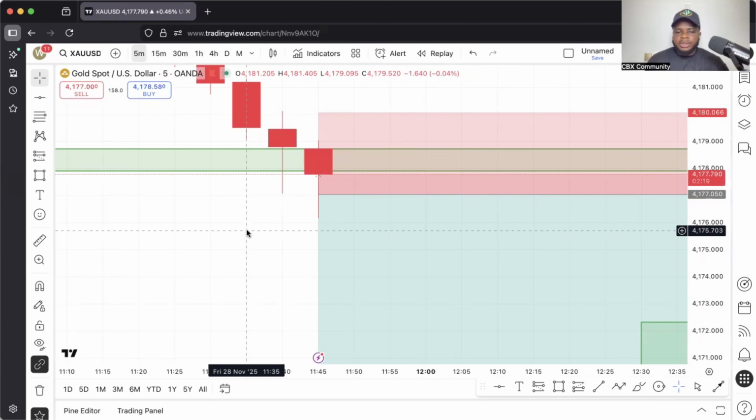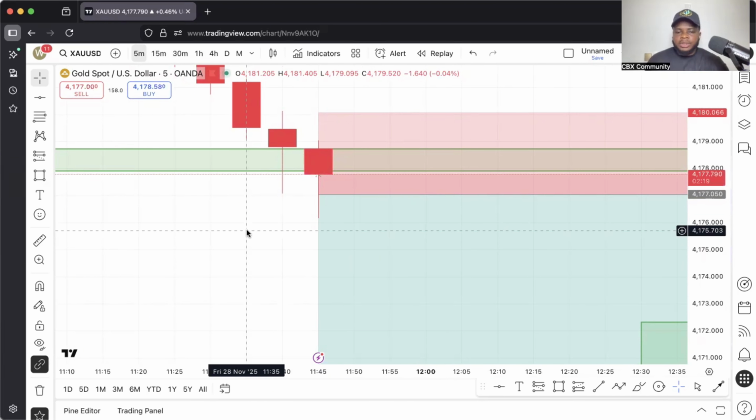Once the candle gets to this entering position, I'm going to take a position. Let's see. We are waiting for the candle to keep coming down, then we'll be able to identify a trade.